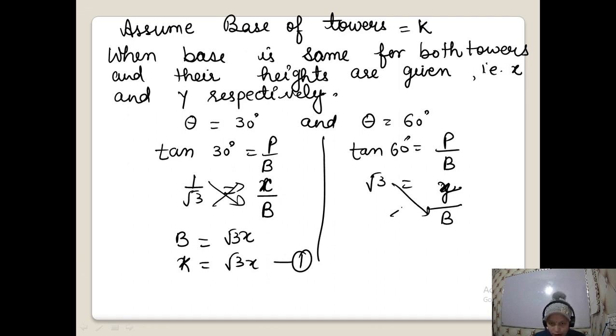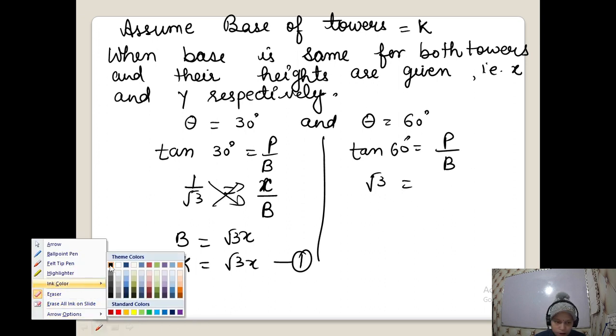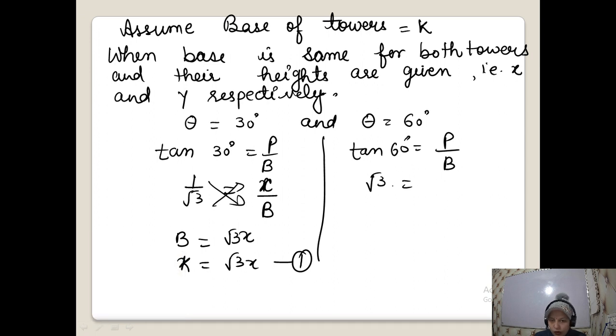On the other side, by cross multiply, P is y and B is k.